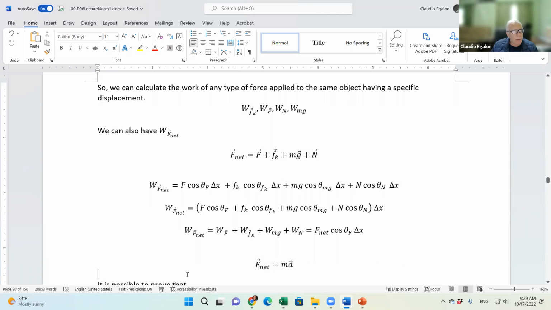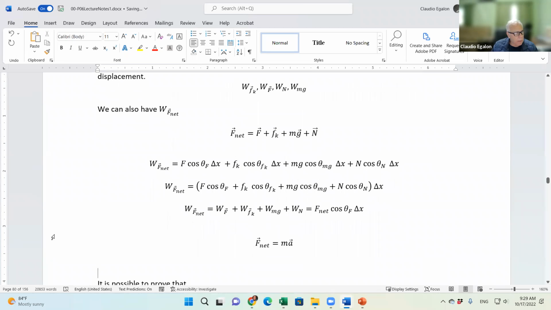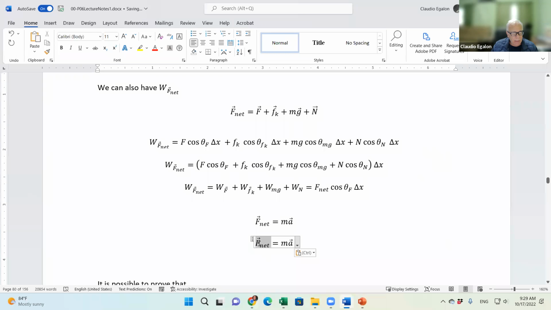But also remember, we covered in kinematics that there is a relationship between the acceleration and the velocities. Remember this relationship here? That's the Torricelli equation.